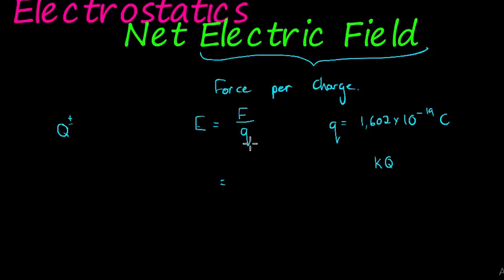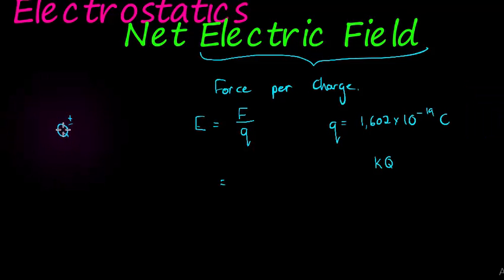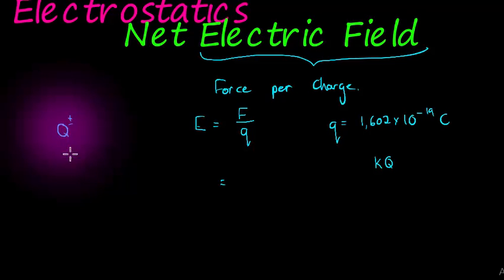Therefore this charge experiences a force, either attractive or repulsive, and around this charge there now exists an electric field, because anywhere near it a force would be experienced. So q is somewhere there.